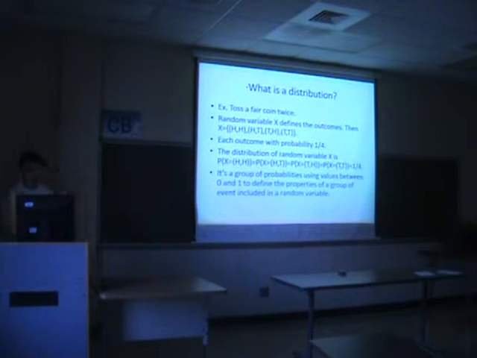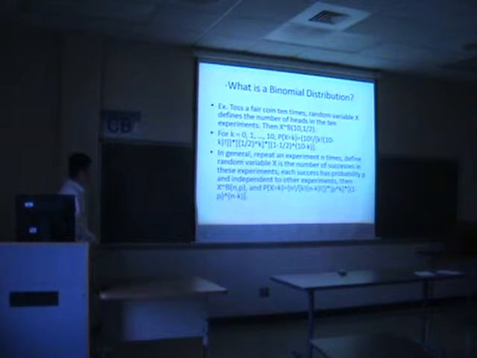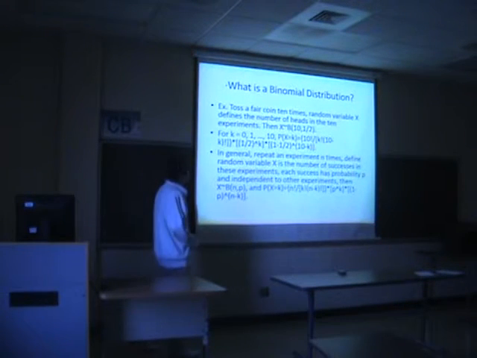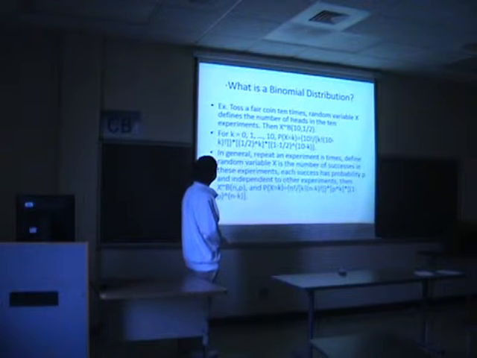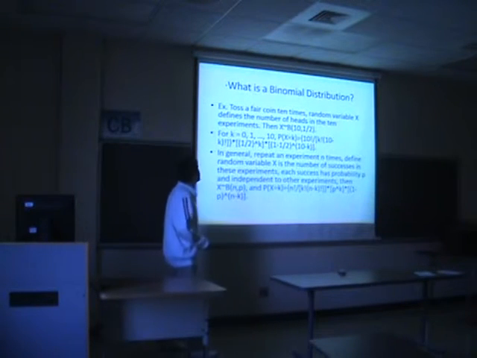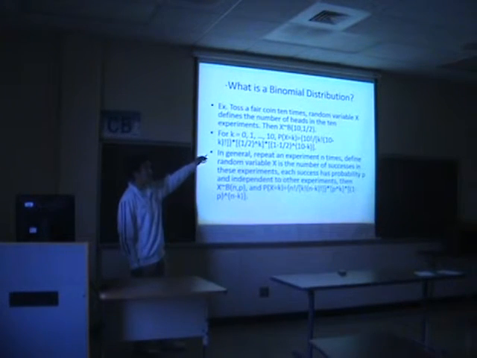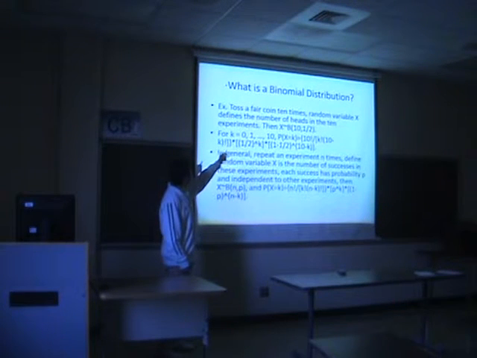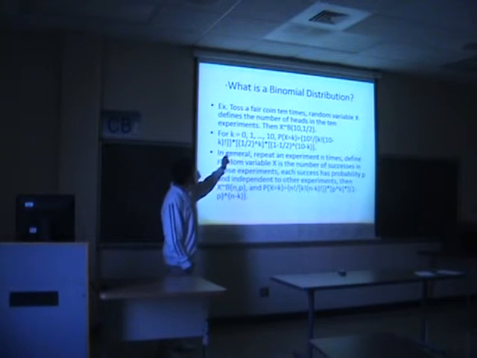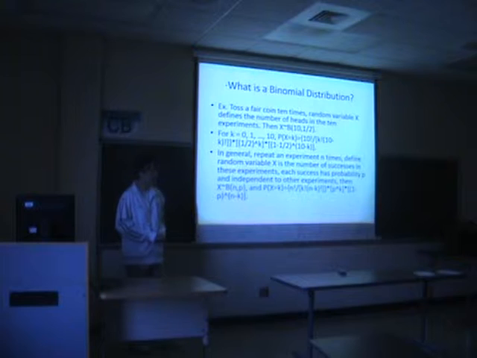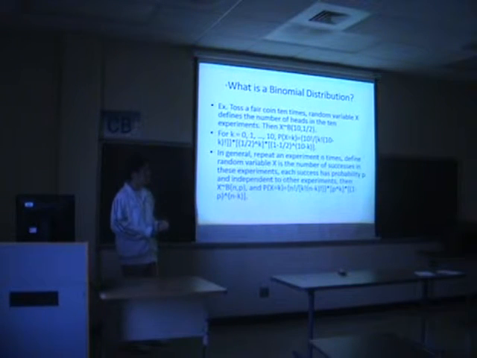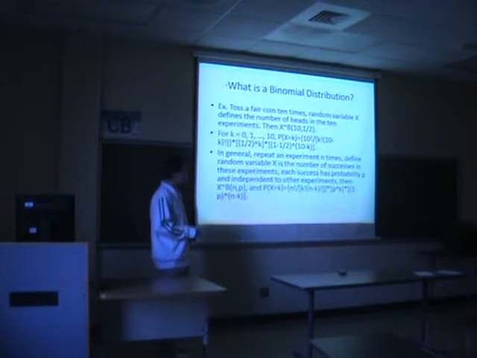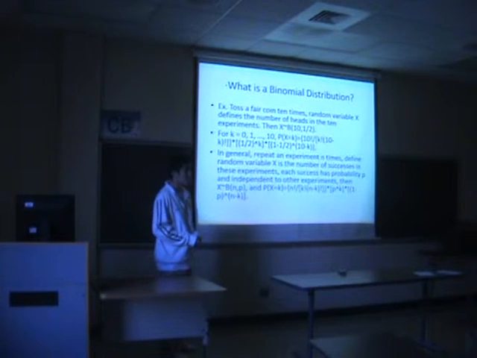So the main part, the first part, is what a binomial distribution is. Let me show an example first. So, the same fair coin. If we toss a fair coin 10 times, then we use the random variable to define the number of heads in the 10 experiments. Okay, what does that mean? So, how many outcomes would you think the random variable shows?